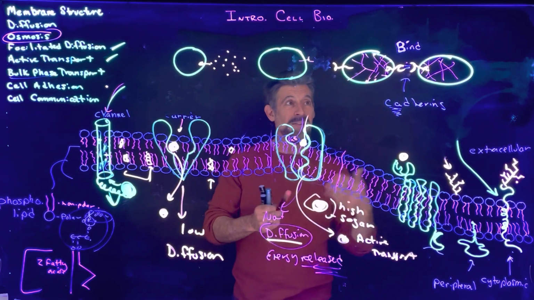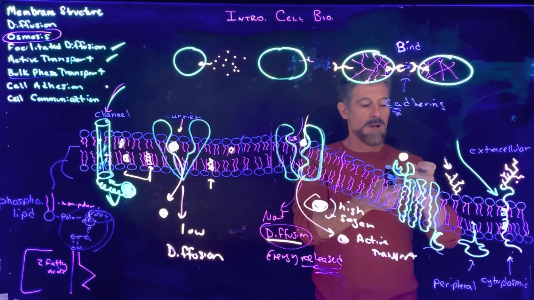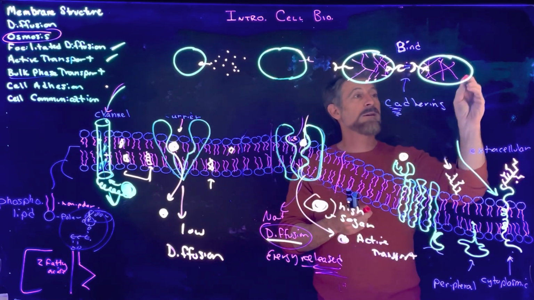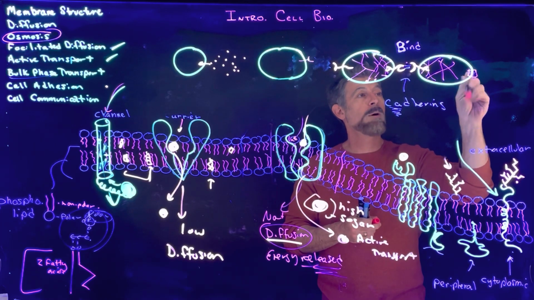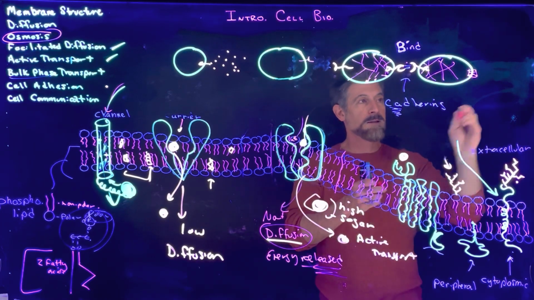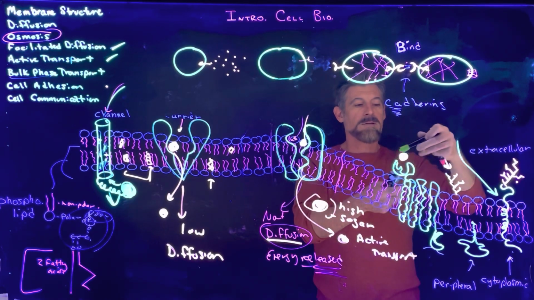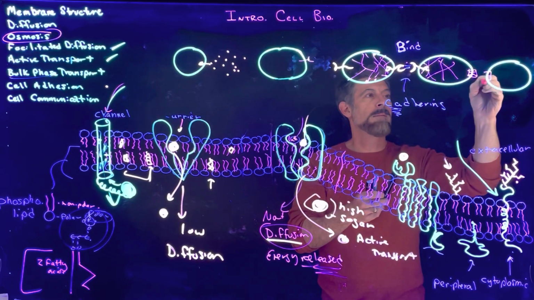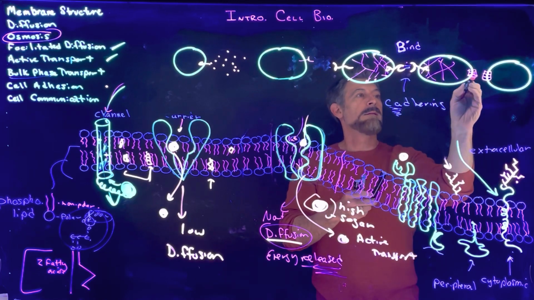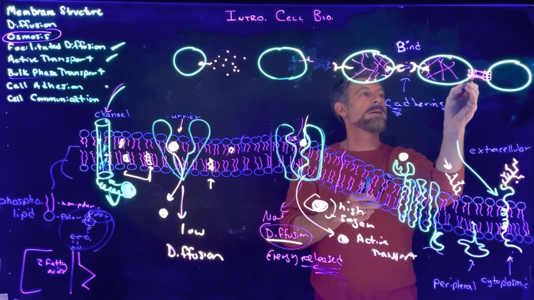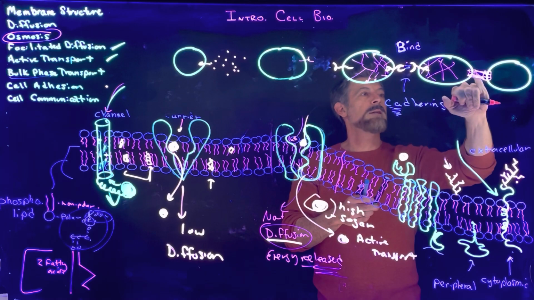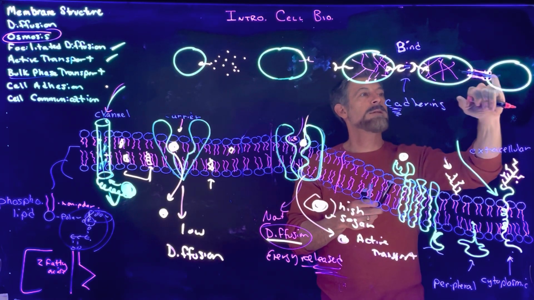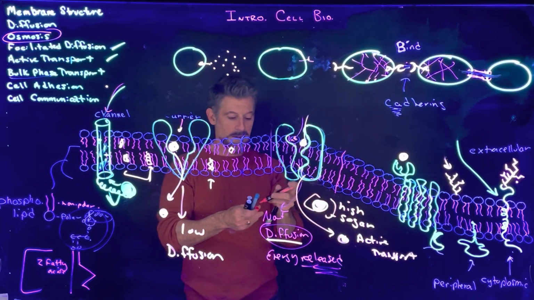Okay. There are other types of bonds between cells which involve things kind of like channels, but they're a little bit bigger. They're pores, right? They're openings in the cell. And when these two cells share the same type, they can attach to one another, and then in addition to that, form a little connection directly between the cytoplasm of one cell to the other, right?